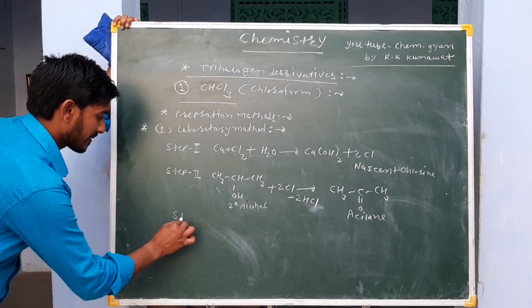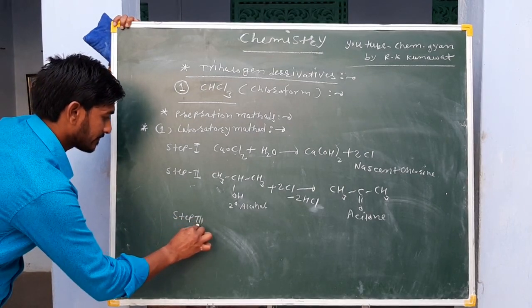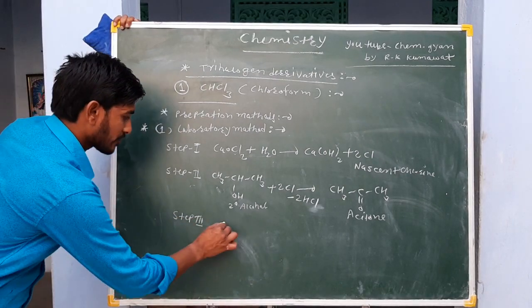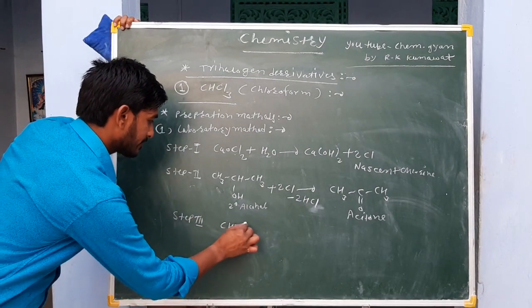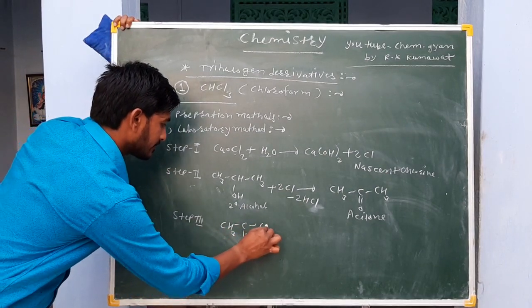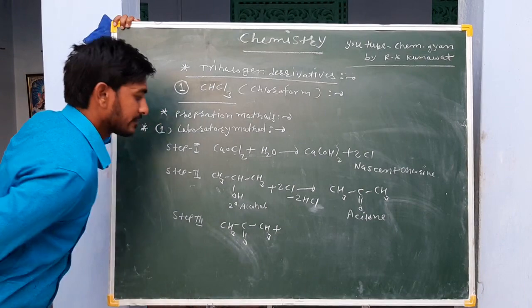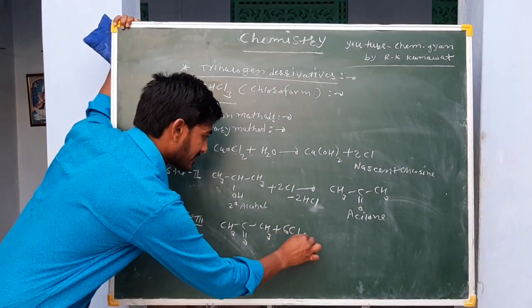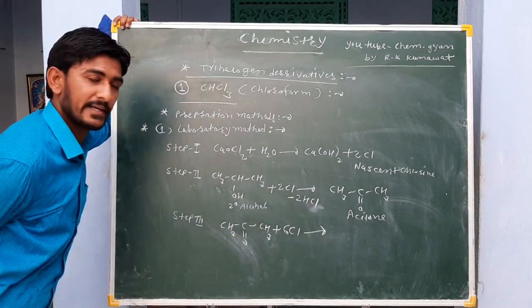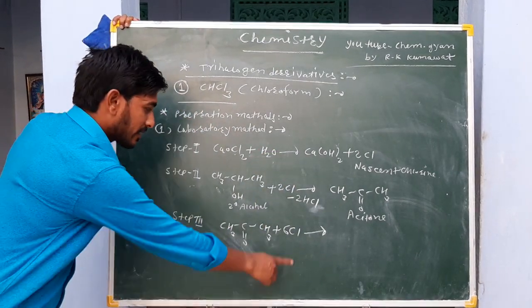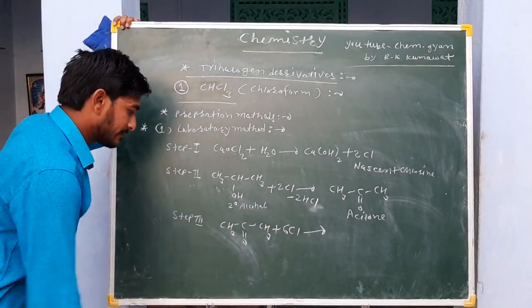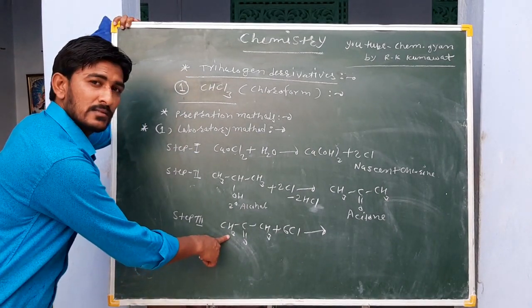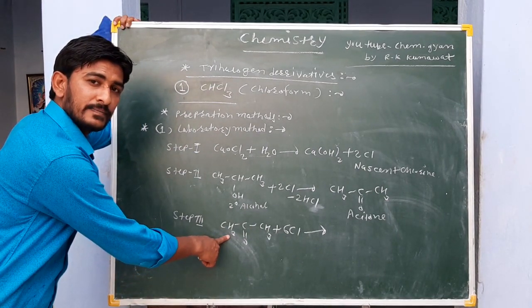Dear students, step third is: acetone molecule is used in the third step, and it reacts with 6 nascent chlorine atoms. 3 chlorine atoms replace hydrogen atoms.